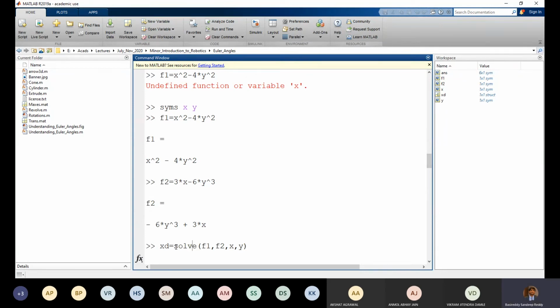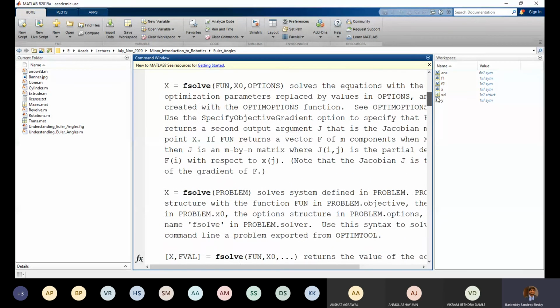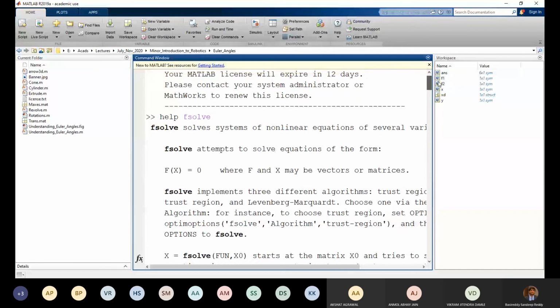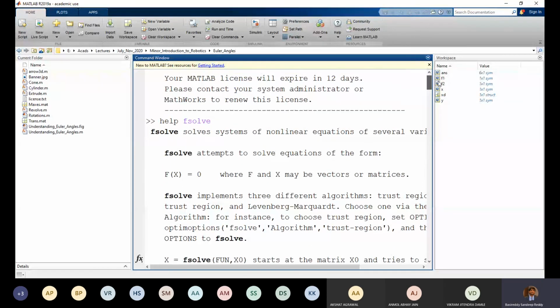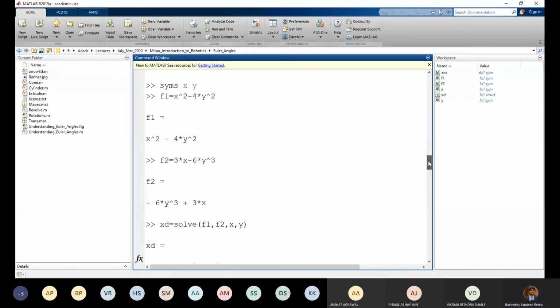That is a limitation of the function solve, which is why you have to use the fsolve that I discussed earlier. Fsolve is something that you should read at home, on how to use it. There are a number of examples also given.